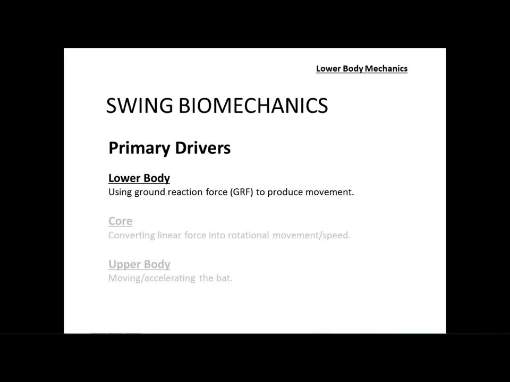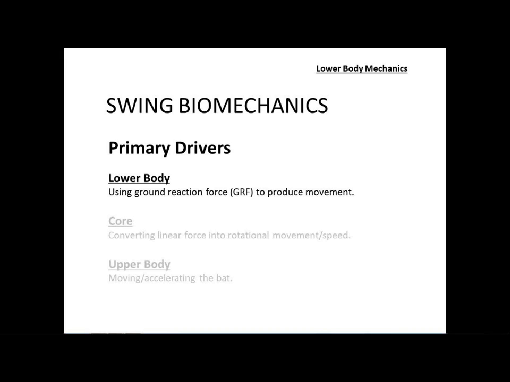And to some degree, the sequence or coordination of these events drives the importance level. As a primary driver, the lower body is probably the key and most important one because it starts the process. It's not only the foundation for developing power, it's the foundation for all the other components of the sequence to take place.